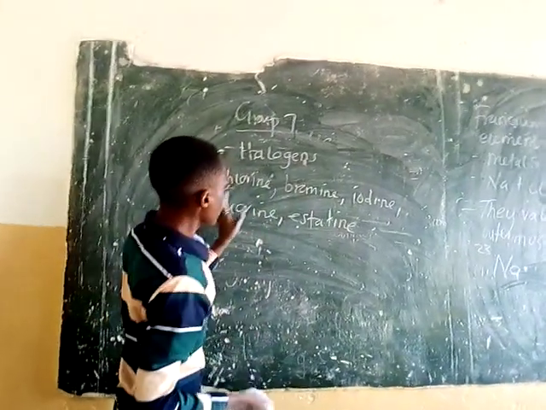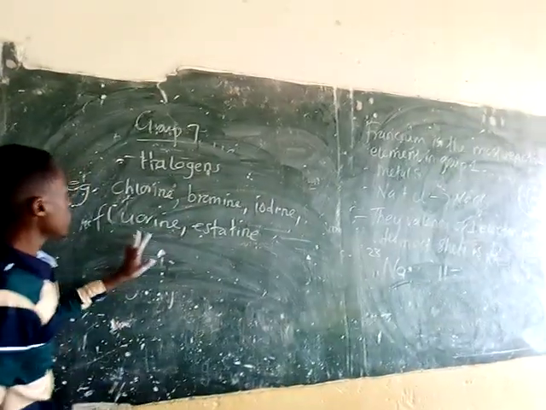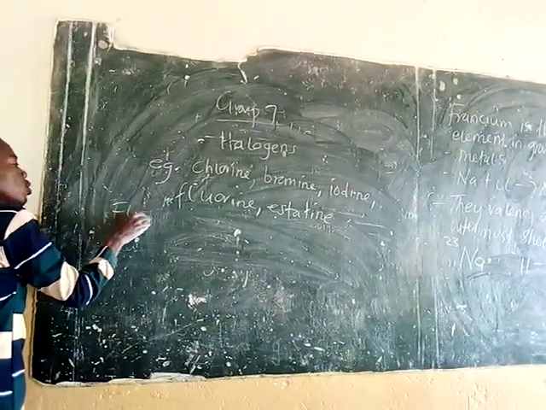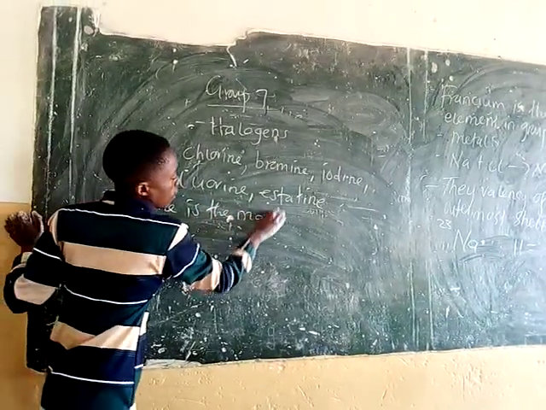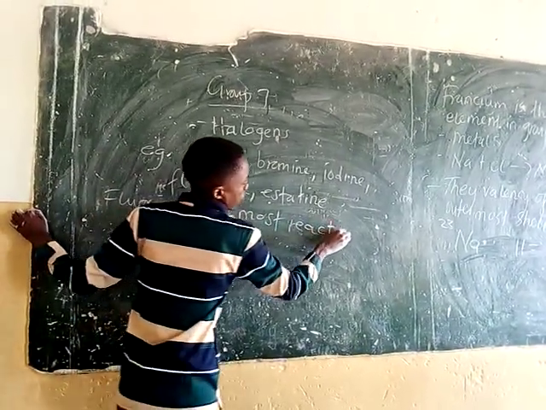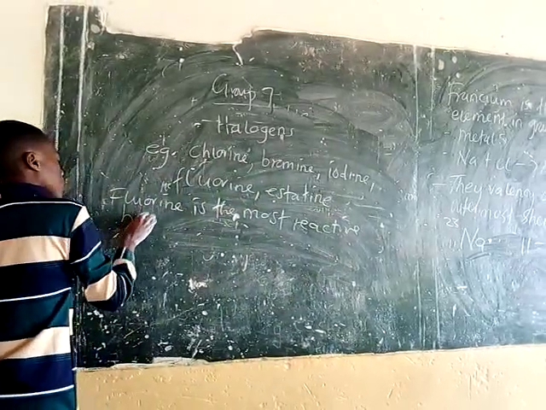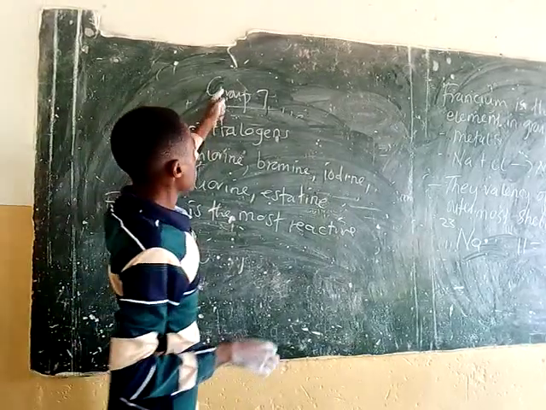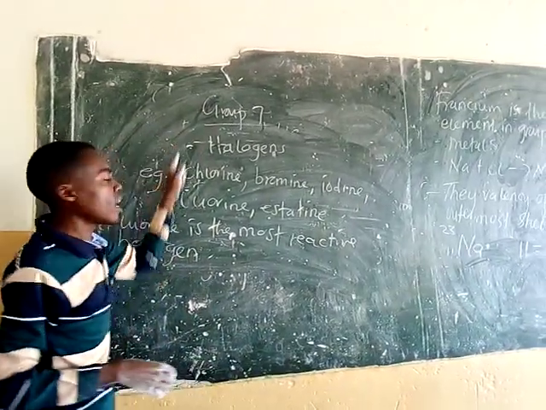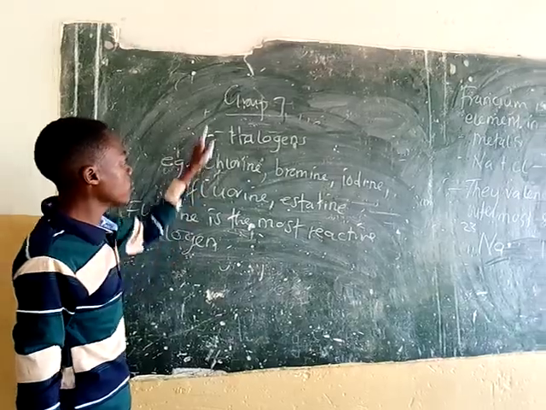So the most reactive halogen in group 7 is fluorine. It's the most reactive halogen in group 7. All elements in group 7 are non-metals, but they have different physical states.